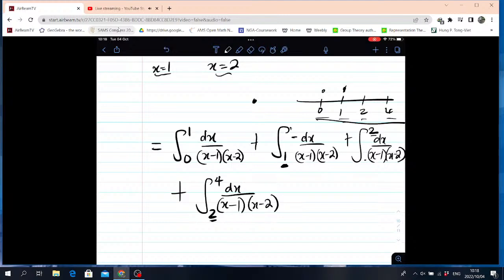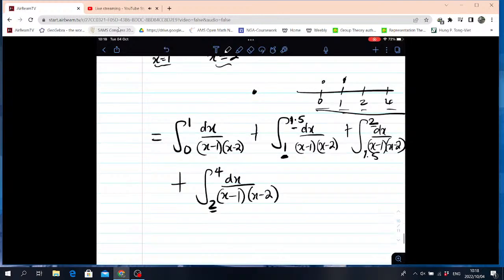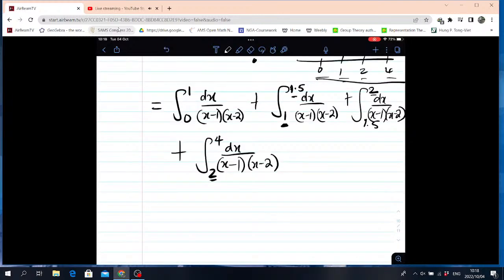And then from there, we need some other value which is not 1 or 2, so we can pick whichever. I picked 1.5. You can pick any other value that you feel will work, as long as it's not 1 or 2 and it's between them, it should be fine.